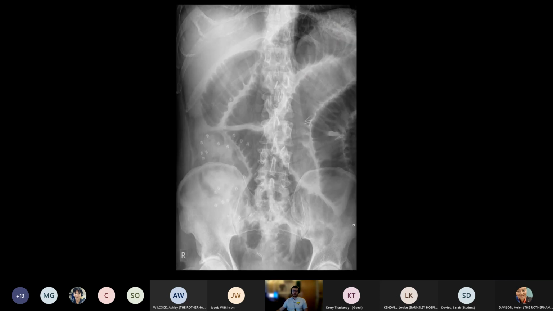And we see on this example, this is quite an extreme example of small bowel obstruction, but you can see we've got multiple dilated small bowel segments over the 3.5 centimeters, and these are multiple lines, these folds in the bowel wall, these valvulae conniventes. So this is classic small bowel obstruction.